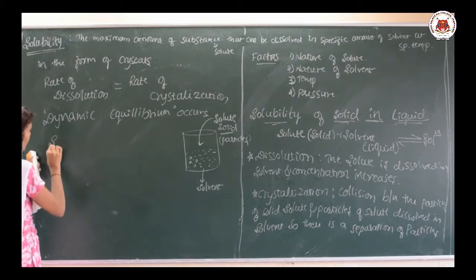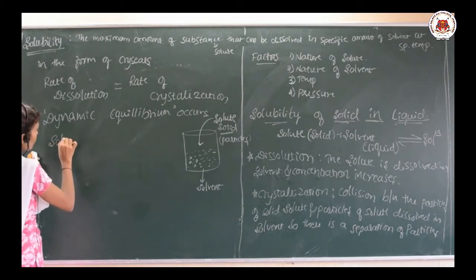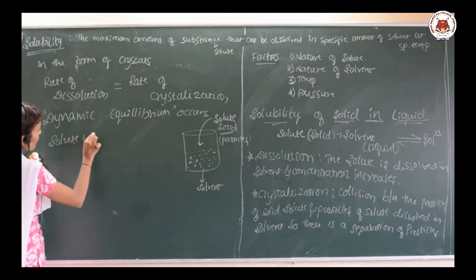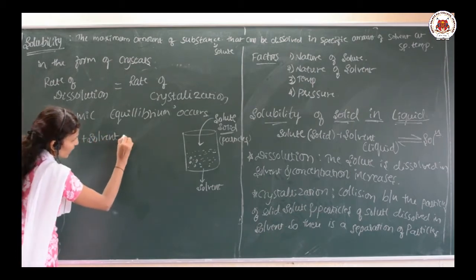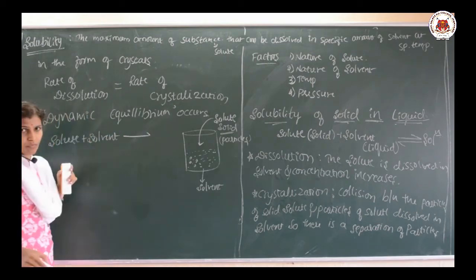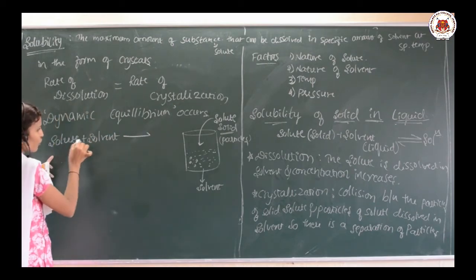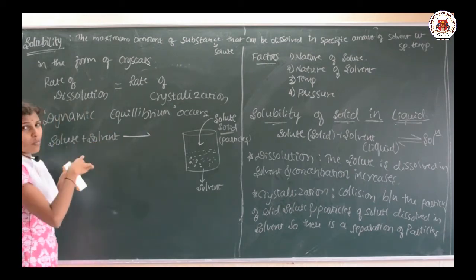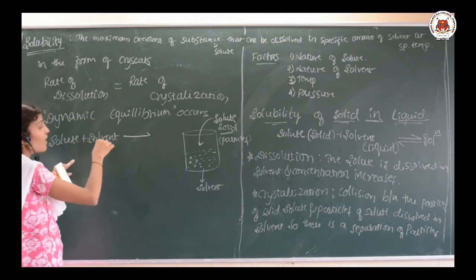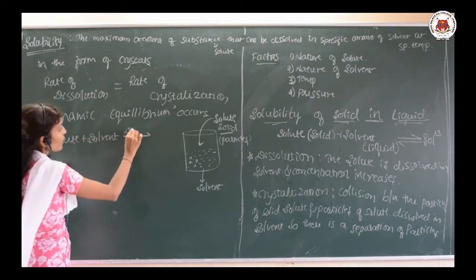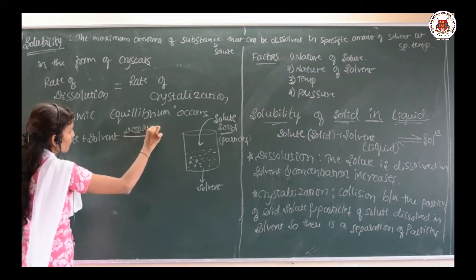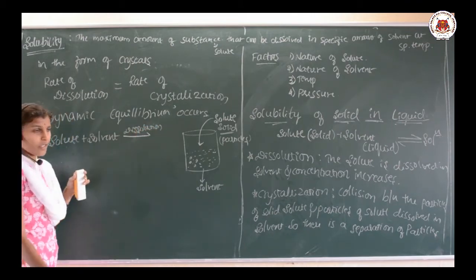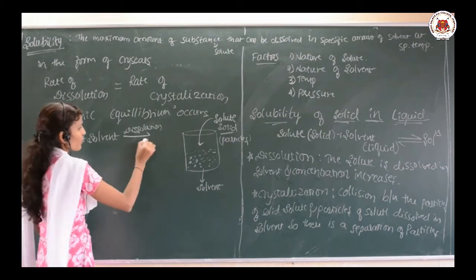So I will write here: solute plus solvent, there is a dynamic equilibrium. So see here, when the solute is dissolved in solvent, what happens? It gets soluble and the concentration increases. This process we can say is dissolution. Are you agree? And then what happens?